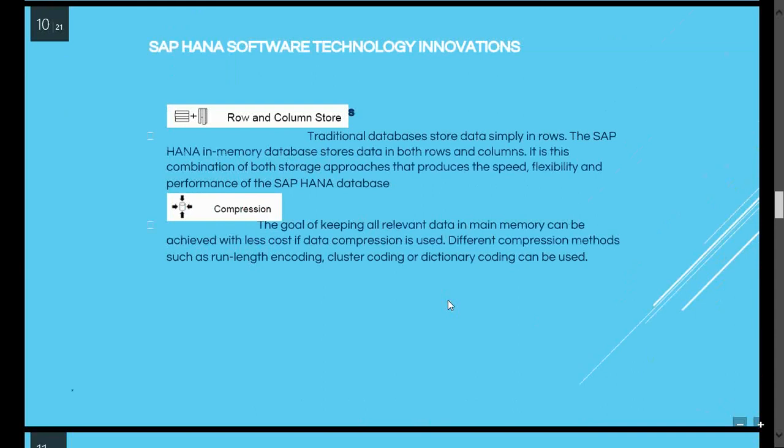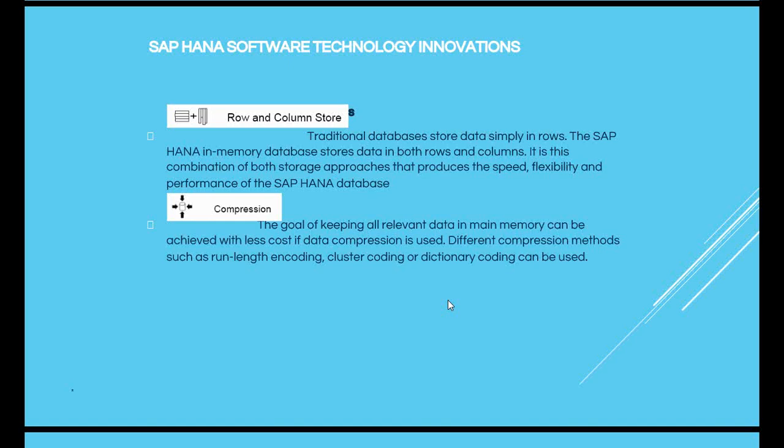Next is, apart from HANA being an in-memory technology, which is one of the most important reasons for HANA's performance, we also have other software and hardware technology innovations. Some of the HANA software technology innovations are like, in traditional databases, most of the databases used row-wise storage.